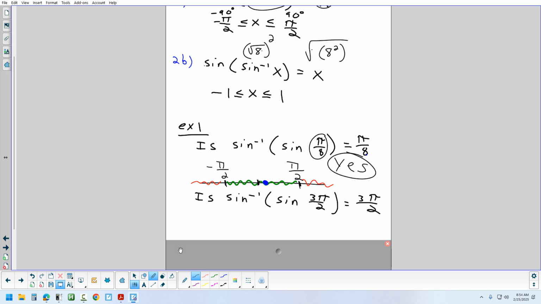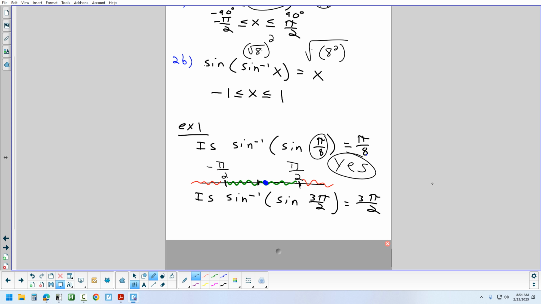Positive. And how does 3 pi over 2 compare to pi over 2? It's 3 times as large. It's triple pi over 2. So if you were to find where that is, is it going to be in the left, the middle, or on the right section? Yeah, it's going to be on the right section, like way over here. It's triple pi over 2. So it's not in the green section.